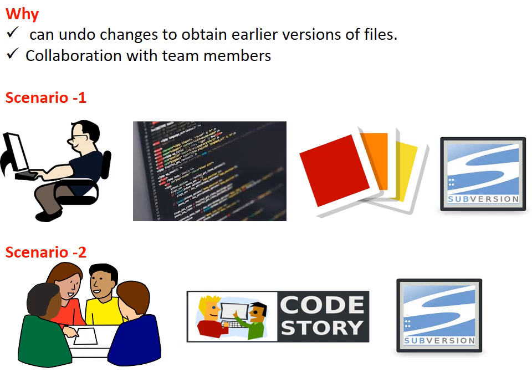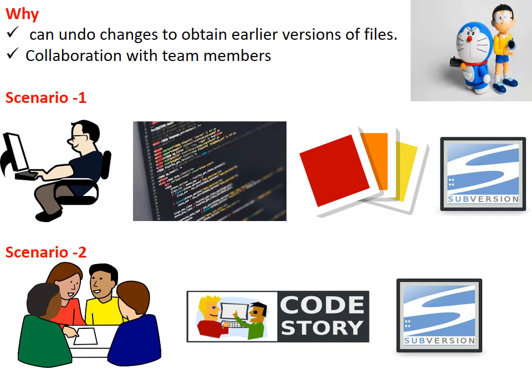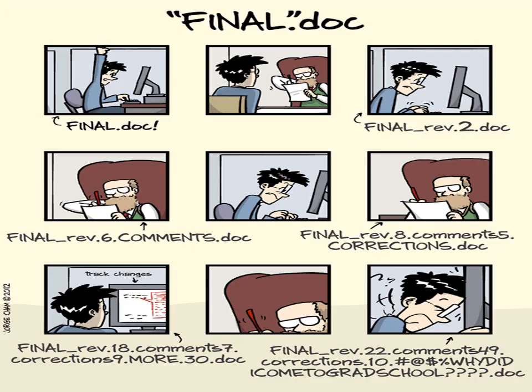In simple words, it is like a Doraemon time machine. You can go to the past. Final.doc. Everyone will have a similar story to share. To overcome these kinds of issues, we can go for version control.